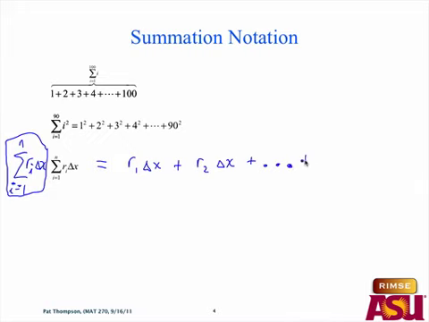How many total are there? Rn delta x. Does the rate change by 1 each time? They're picking up on the fact that these R's might stand for rate of change, and they probably would.